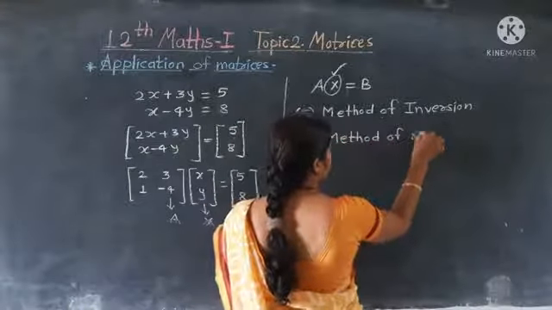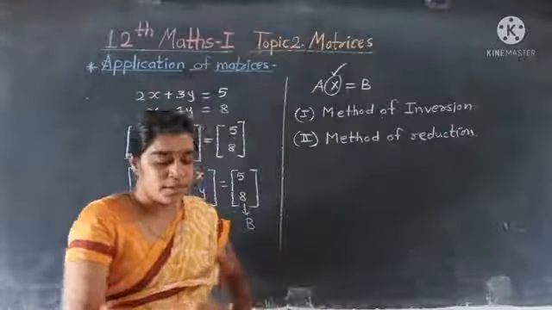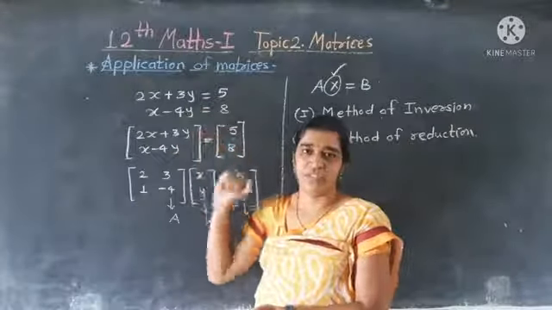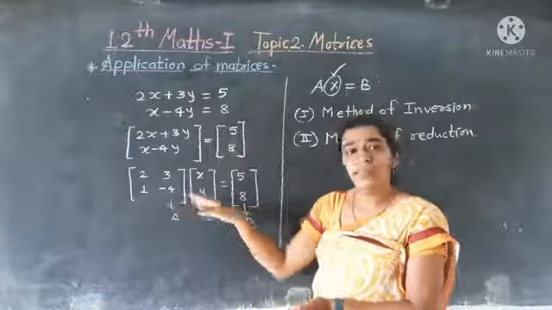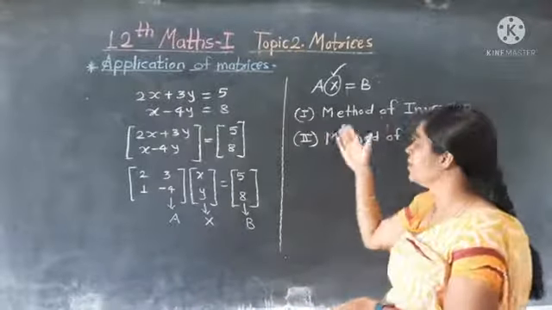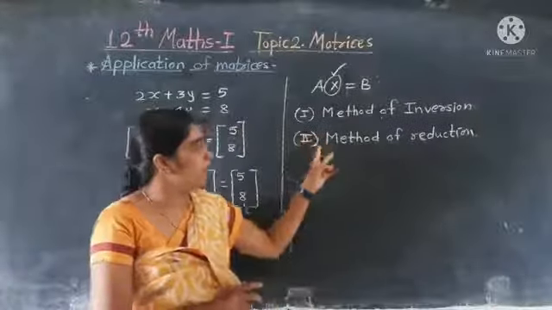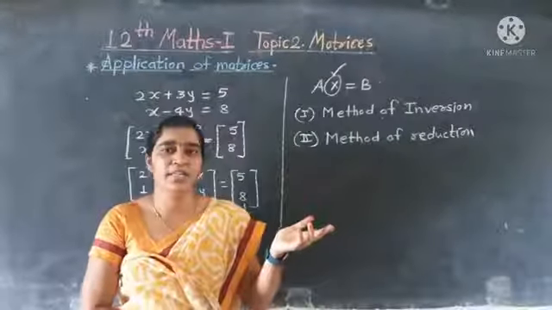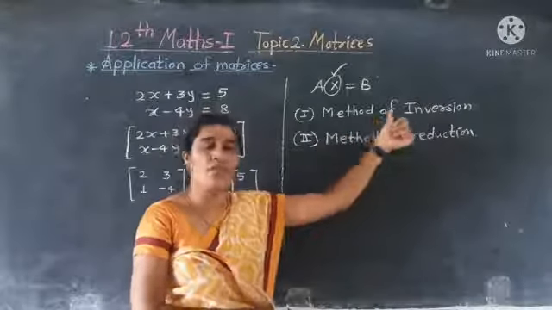Students, we can use matrices for solving a system of linear equations. For this we first convert it into matrix form, and then find X by two methods, the method of inversion and the method of reduction. These two methods we will see in today's video and the next video. In today's video we will start with the first method, the method of inversion.